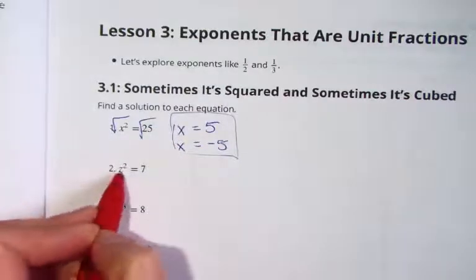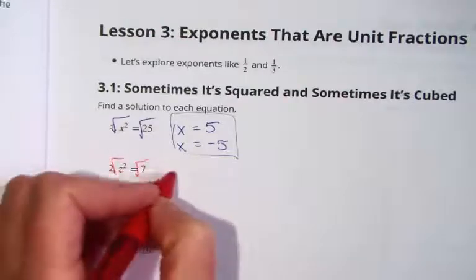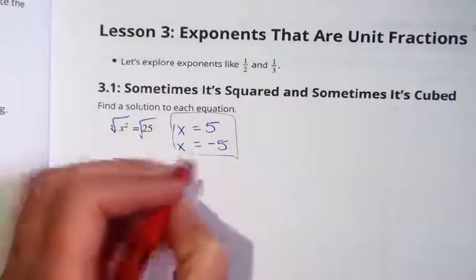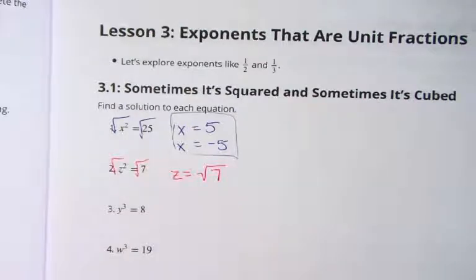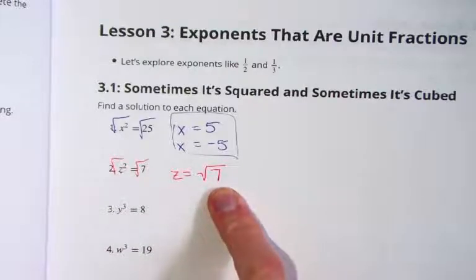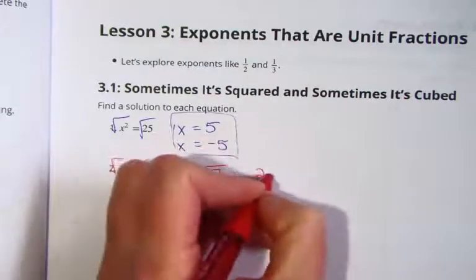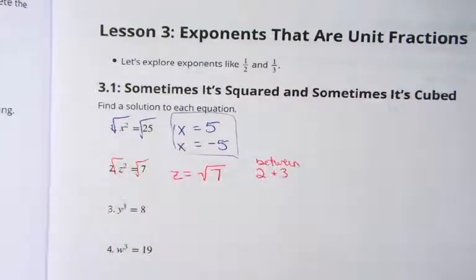But if we start having something like z squared equals 7, same kind of idea. z is going to equal the square root of 7. Now, 2 squared is 4, 3 squared is 9, so it's somewhere between 2 and 3. I don't know exactly what it is, but I could estimate it somewhere in there.